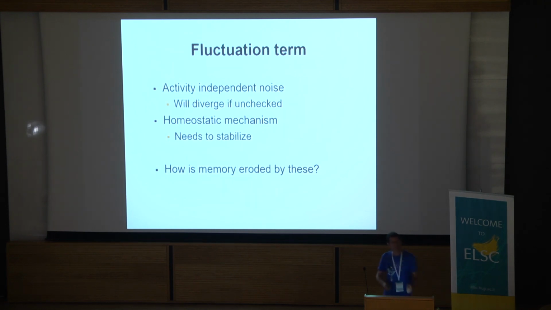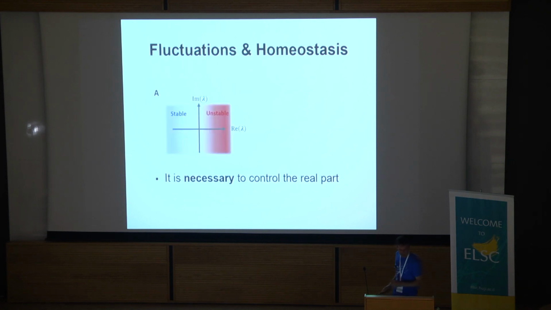So, back to the question. We have activity-independent noise that will diverge if nothing stops it. We have a homeostatic mechanism that should stop it. It needs to stabilize. But we just learned that stability means keeping things on the left of the real part, which means it is necessary to control the real part of the eigenvalues.